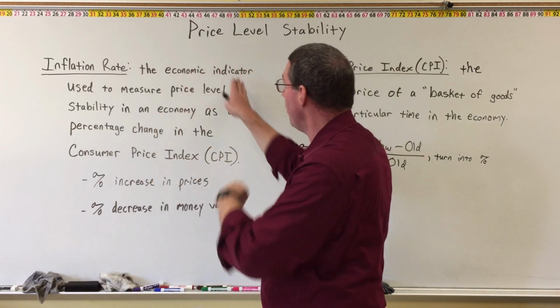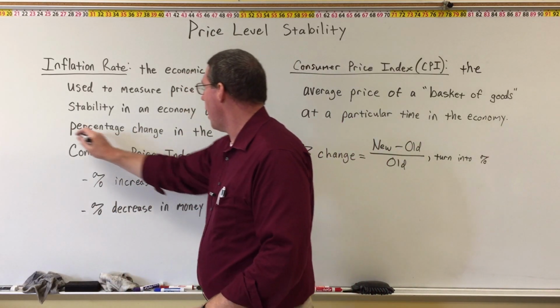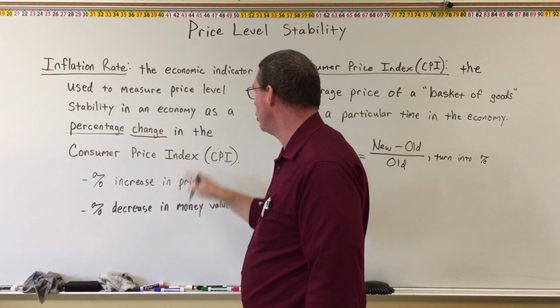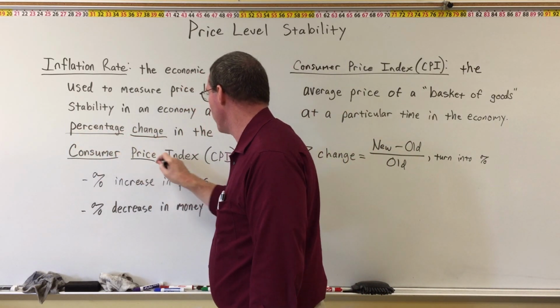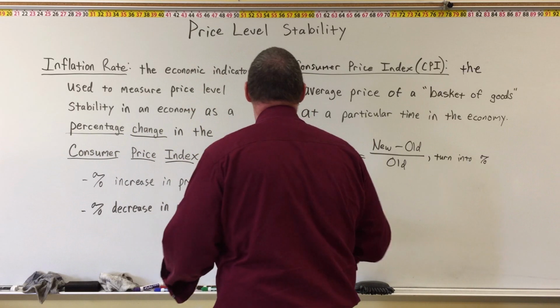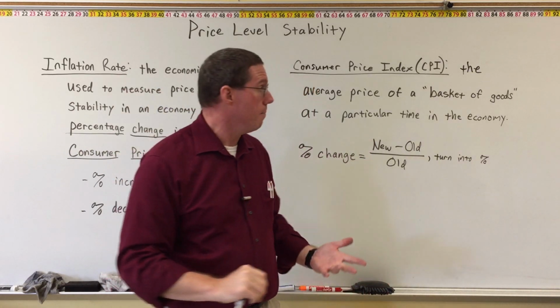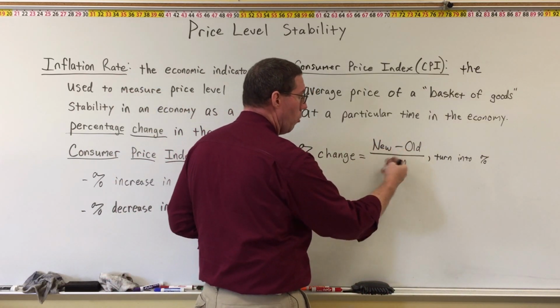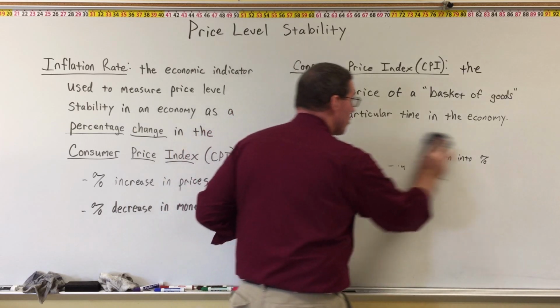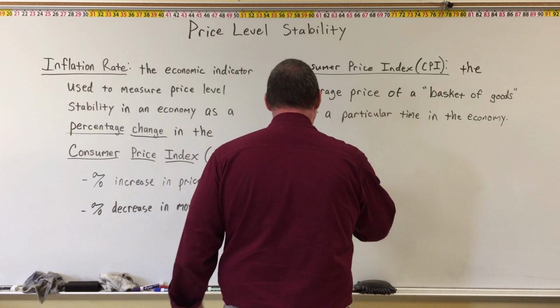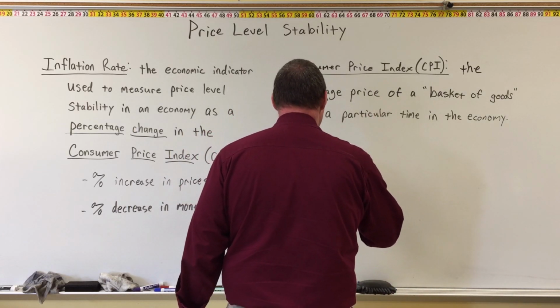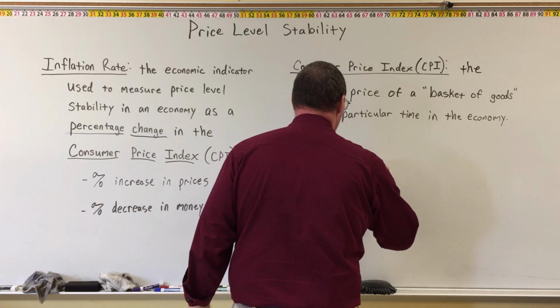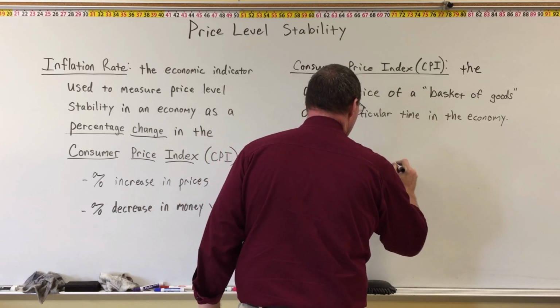And since the inflation rate is a percentage change in the consumer price index, the way that we're going to identify the inflation rate is we're going to use this new minus old divided by old. So, to calculate the inflation rate, here's how it's going to go.